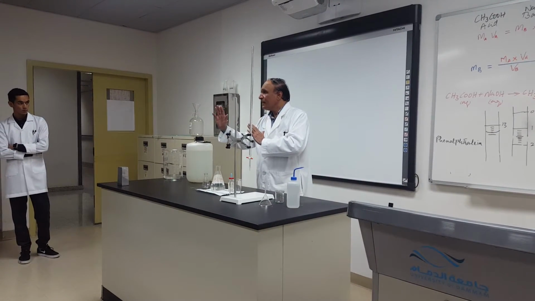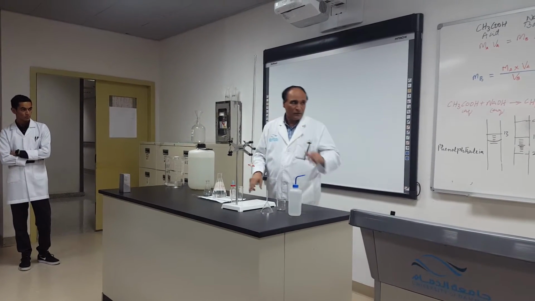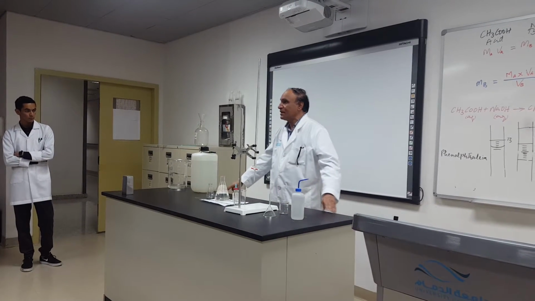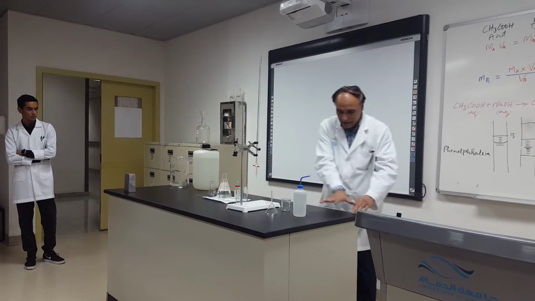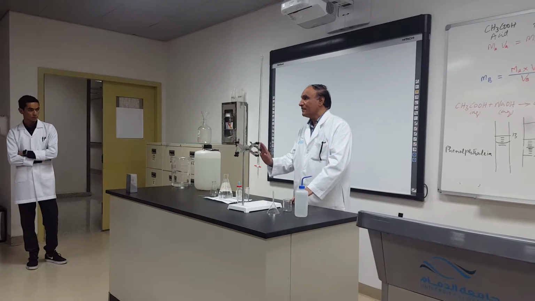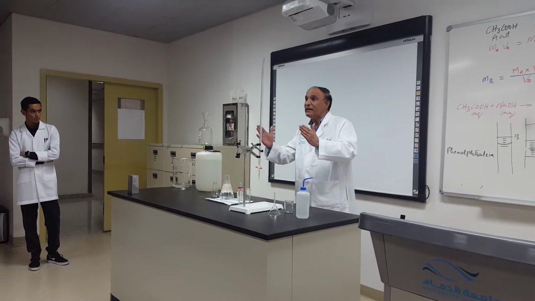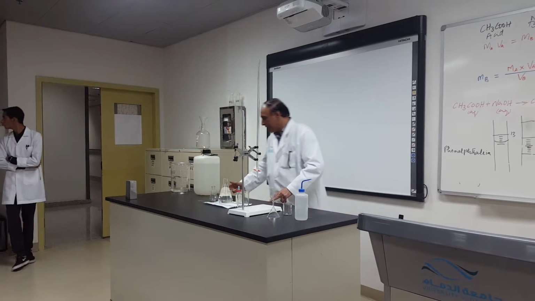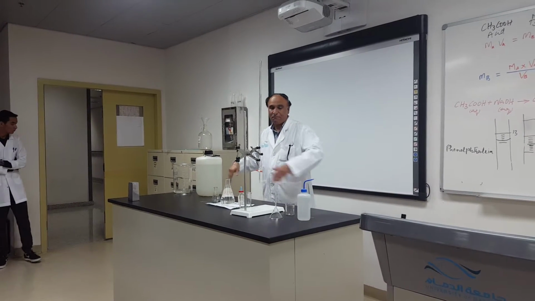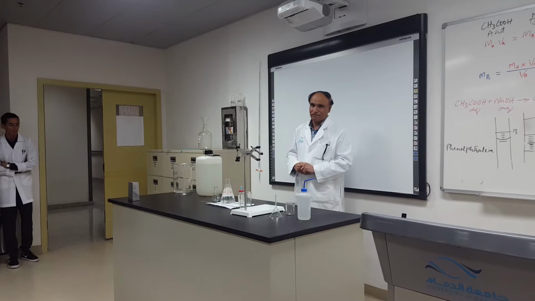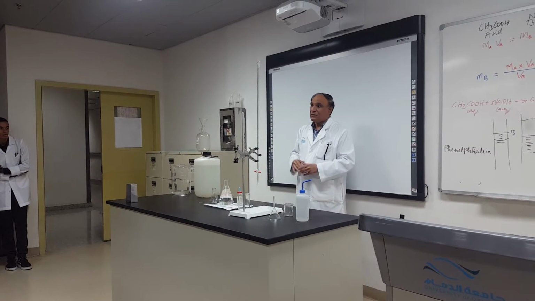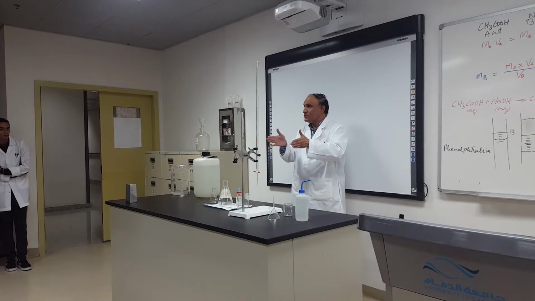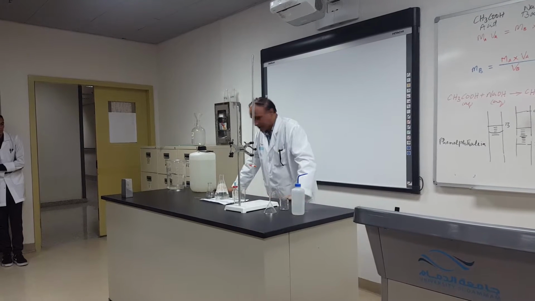For example, if someone asks you what is the length of this table, you will not tell him that the length is 10 hands. You will have a standard ruler. You measure it, and you will tell him this is, for example, 2.5 meters. You have a standard thing with you. This is unknown, this is majhul.